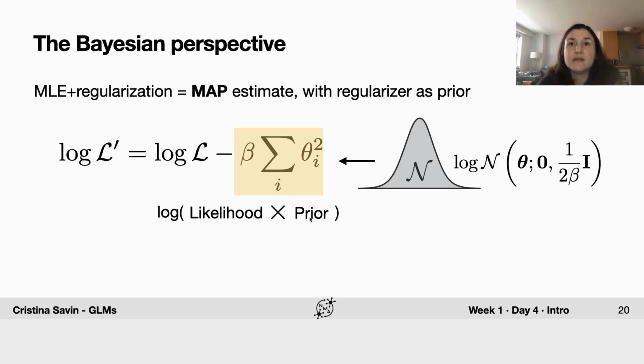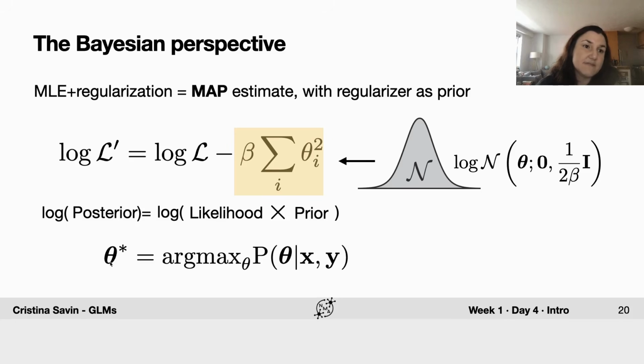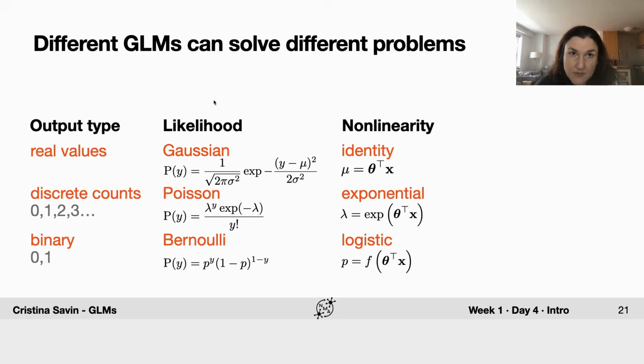That describes our assumptions about probable values of the theta parameters that we have before having actually seen the data. Now, the product of the two forms a Bayesian posterior, unnormalized, and this means that the final optimization procedure is actually trying to find the peak of this posterior, which in technical terms corresponds to a maximum a posteriori estimate.